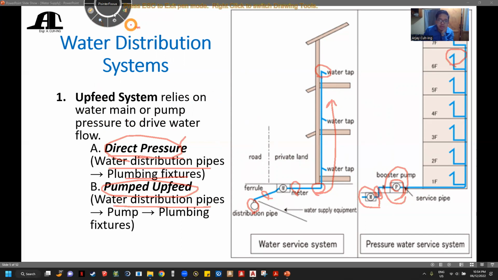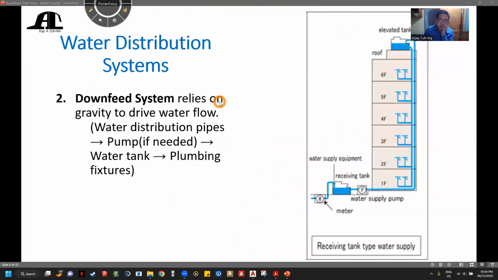Then the second water distribution system type class is the downfeed. We will focus more on the downfeed system because in a way, class, this is more economical. It relies on gravity to drive the flow of water towards our fixtures.